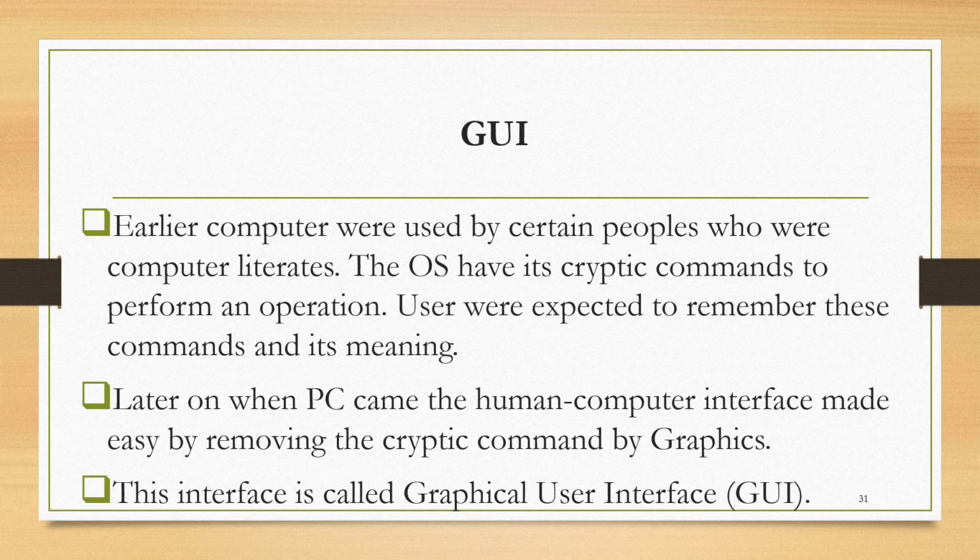Now all computers use GUI, graphical user interface. They use the mouse for doing a lot of jobs. One mouse click has a lot of cryptic commands inside that the user doesn't know. With one mouse click they open the file. One mouse click they close the file.